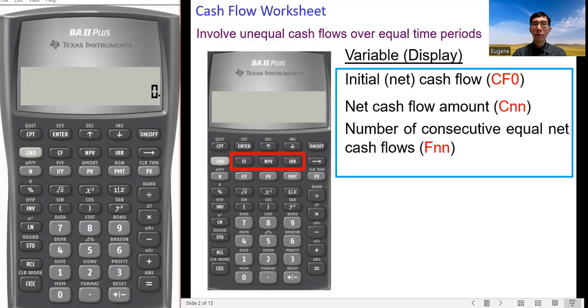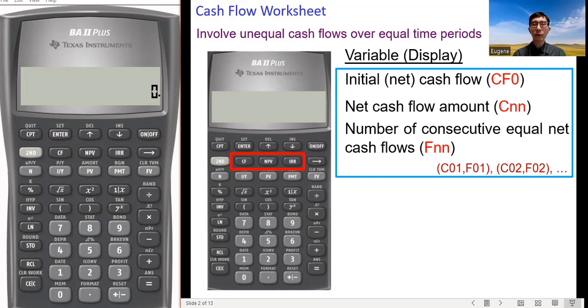That is, for the first net cash flow amount, we will enter C01 and the corresponding frequency as F01. And then the next net cash flow amount, we enter as C02 and the corresponding frequency F02, etc.